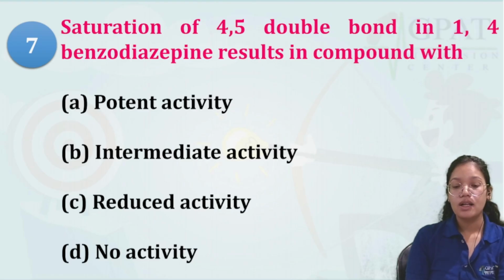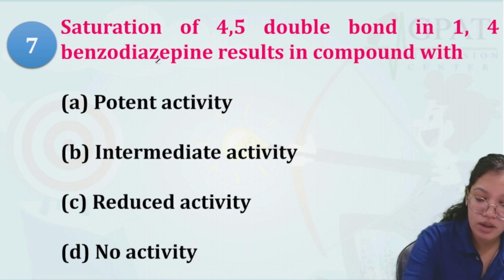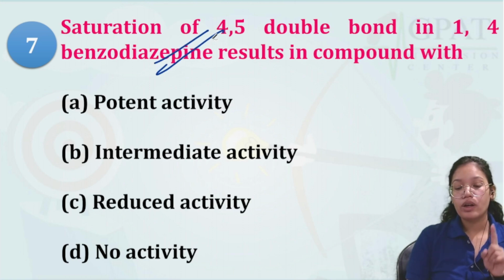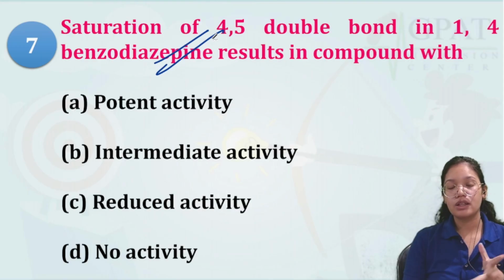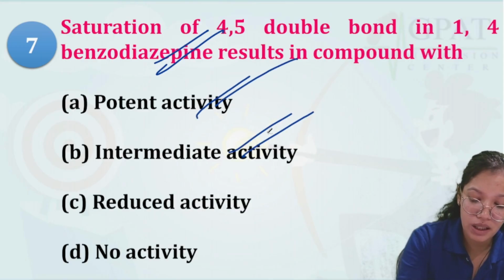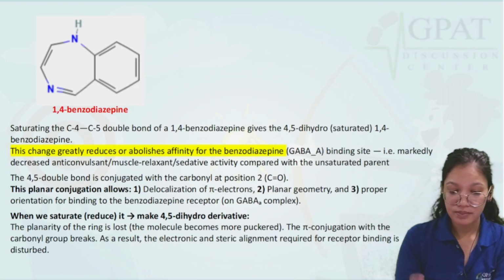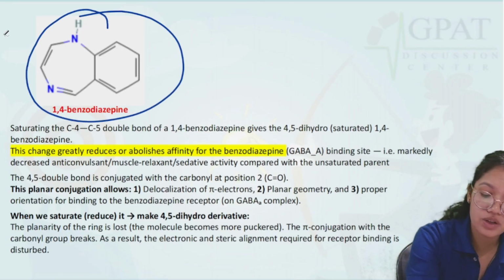Next we have: saturation of 4,5 double bond in 1,4-benzodiazepine results in the compound with. So they are asking about the benzodiazepine ring. If they saturate the 4,5 double bond, what will happen? It will have a potent activity, intermediate activity, reduced activity or no activity. This is the structure of benzodiazepine.